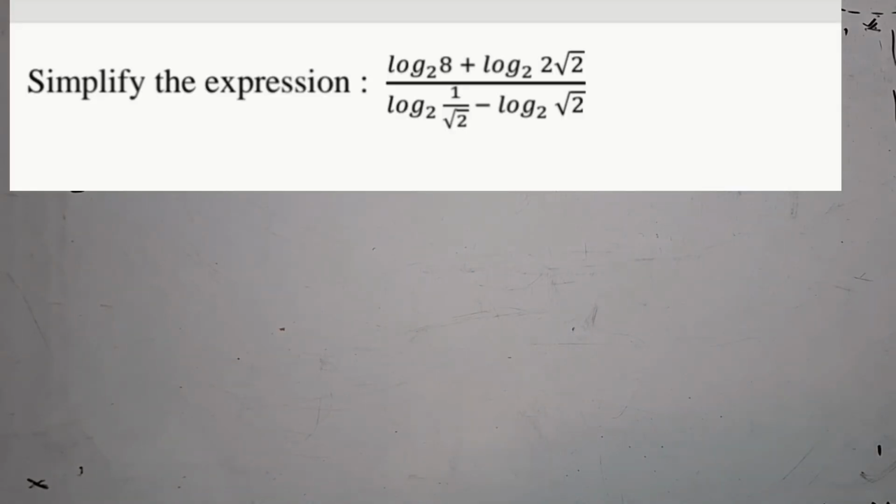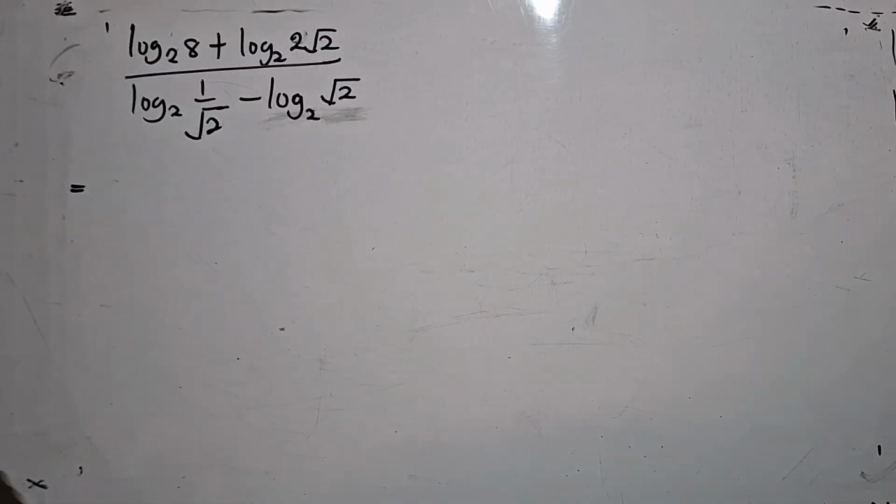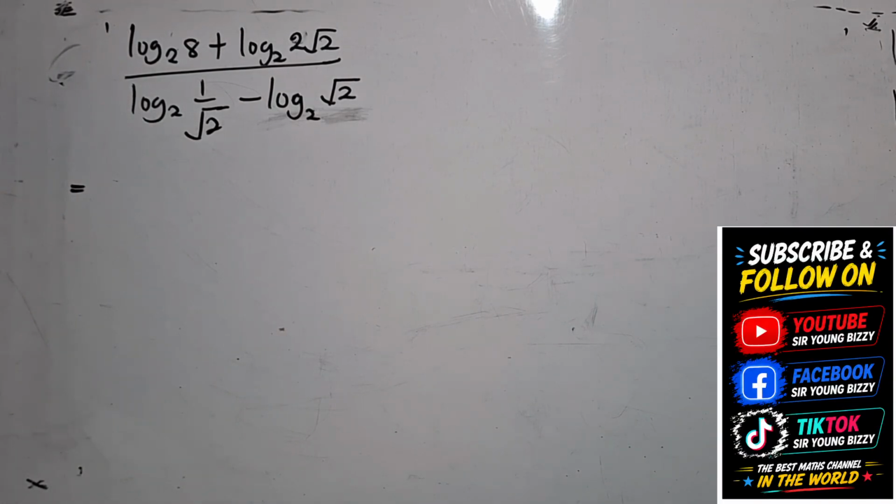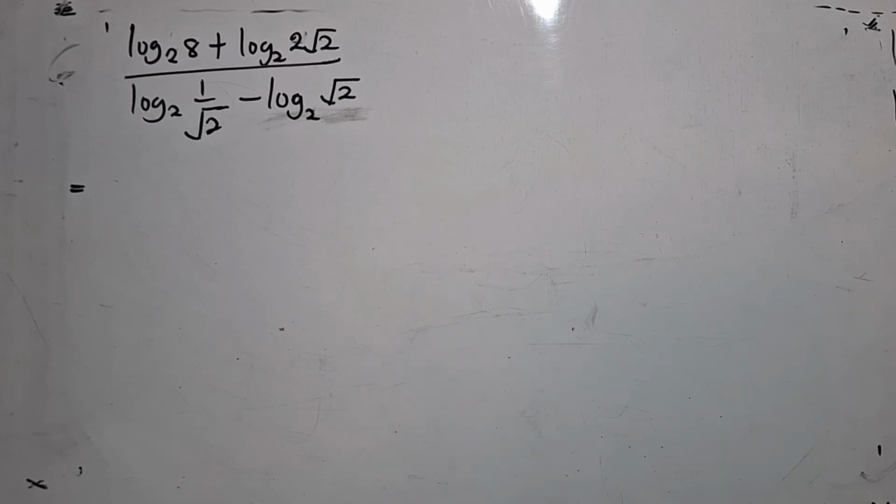In this question, as posted on the screen, we have to solve log 2 8 plus log 2 square root of 2, all over log 2 1 on root 2 minus log 2 root 2 as well. Now we are going to take our time. I'm going to solve them one after the other to arrive at the answer.